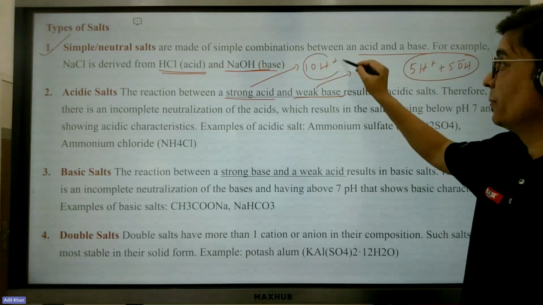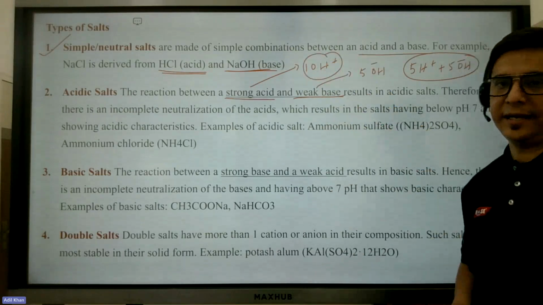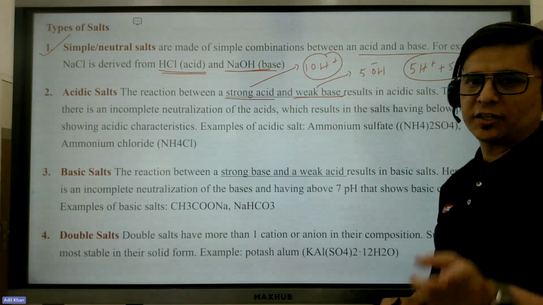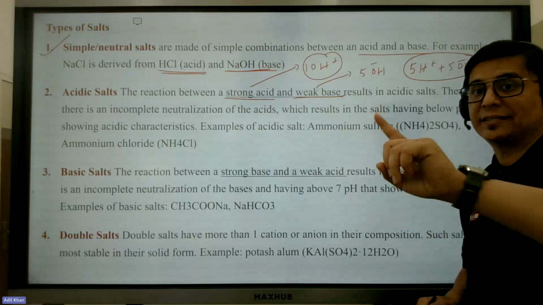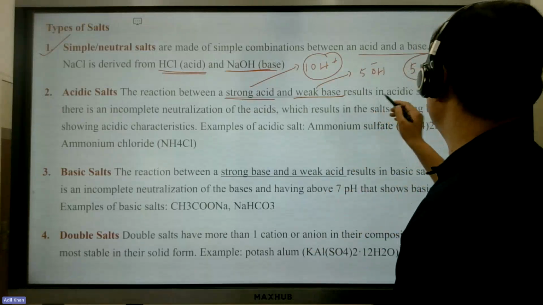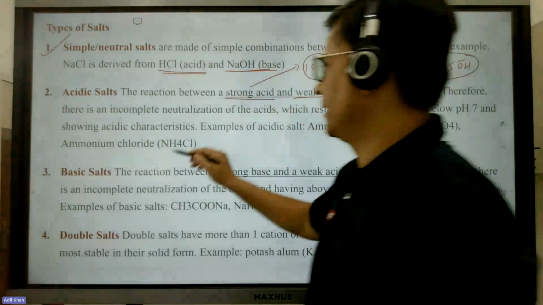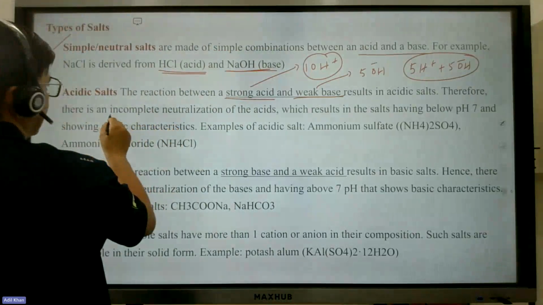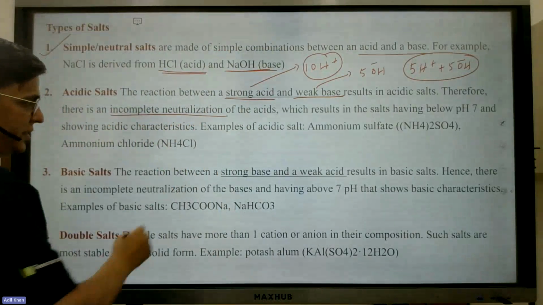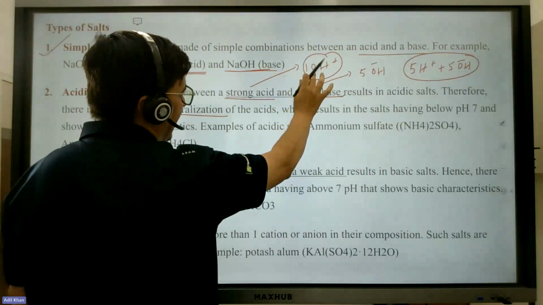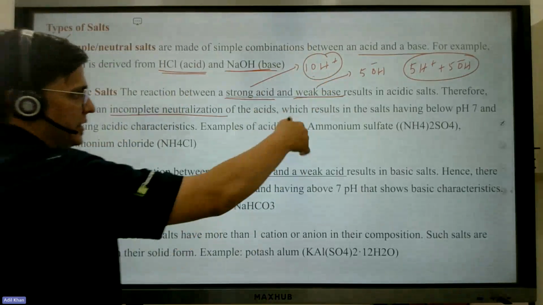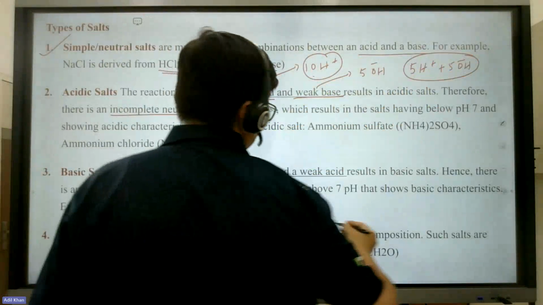Still 5 H plus will be left, and that 5 H plus is making it acidic. So salts formed between a strong acid and a weak base result in an acidic salt. There is an incomplete neutralization of the acid. It means the entire acid is not consumed, which results in a salt having a pH below 7.